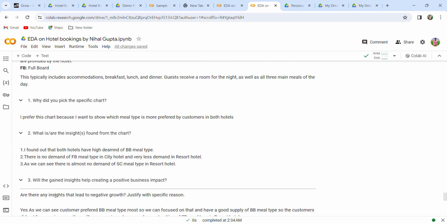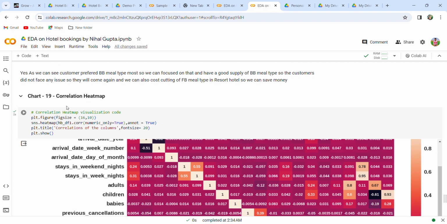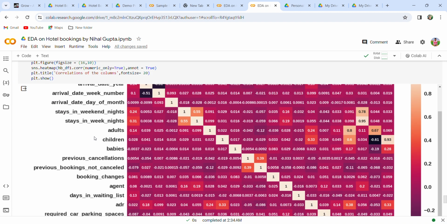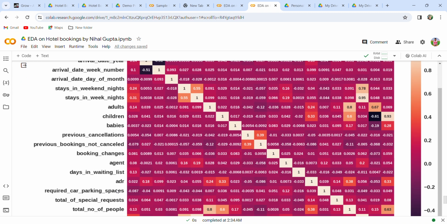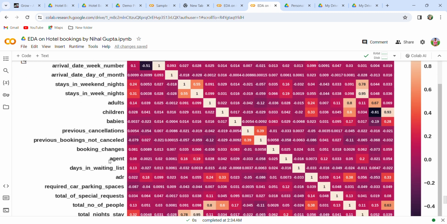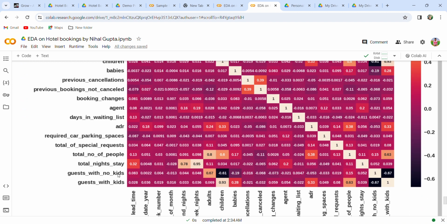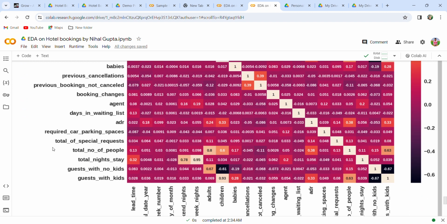Now this is the correlation heat map, which is for visualization, so that we can get the correlation of columns: lead time, arrival date, arrival week, arrival month, weekend nights, adults, children, babies, previous cancellations, previous bookings not cancelled, booking changes, agent, days in waiting list, required car parking spaces, total of special requests, total number of people, total nights stay, guests with no kids, guests with kids.